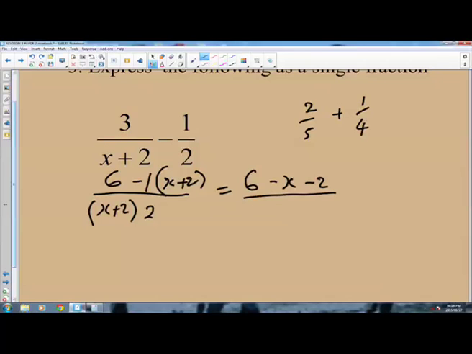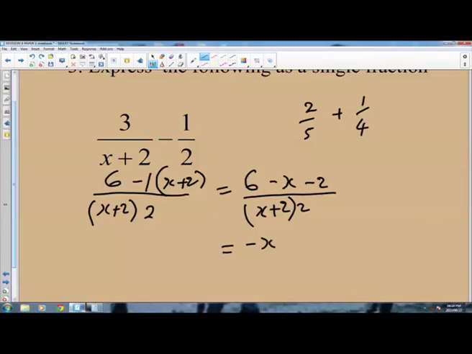And this is to be divided by x plus 2, and then the 2 here. We don't have to open up the brackets for the denominator. Just leave it as x plus 2 times 2. And this will be 6 minus x minus 2. Collect the like terms.